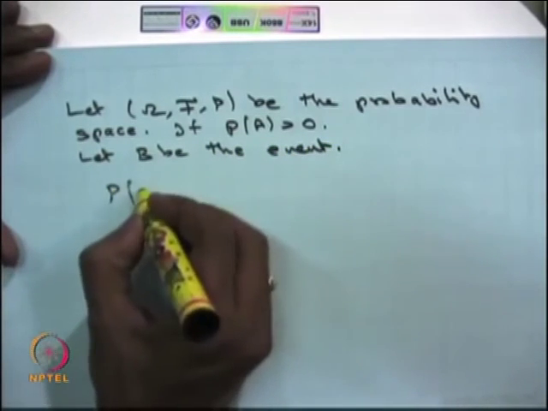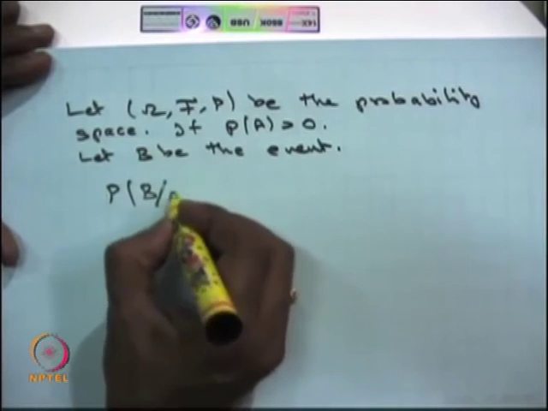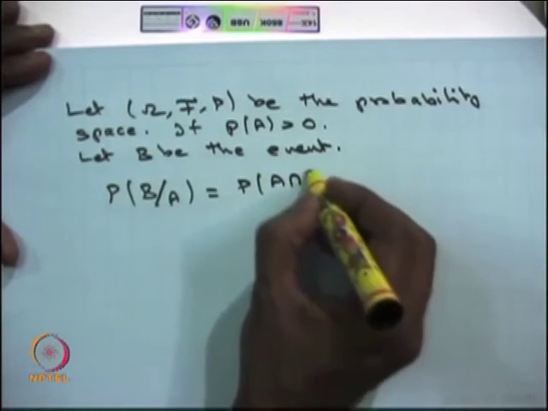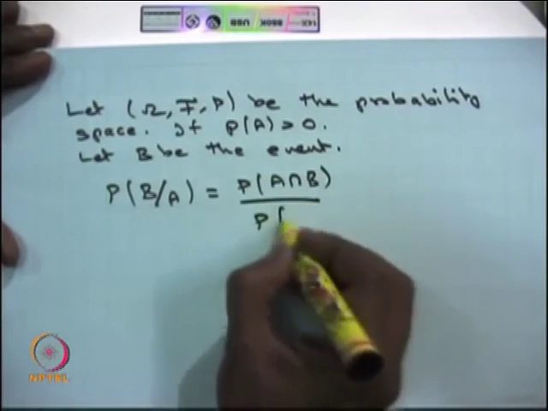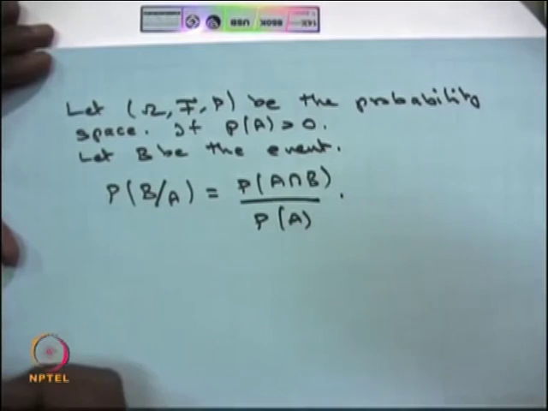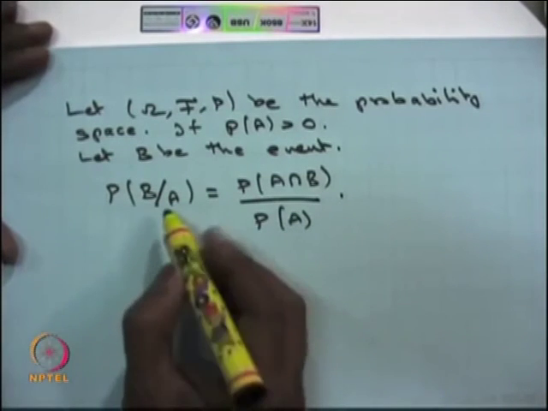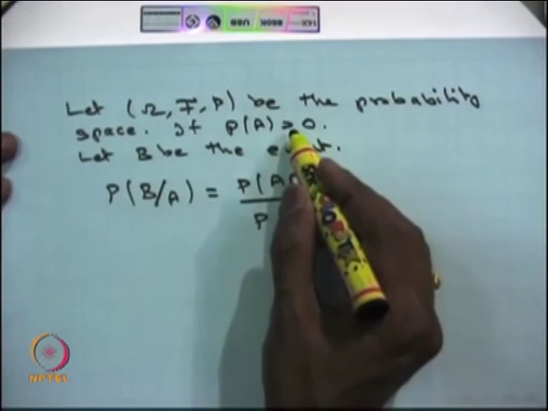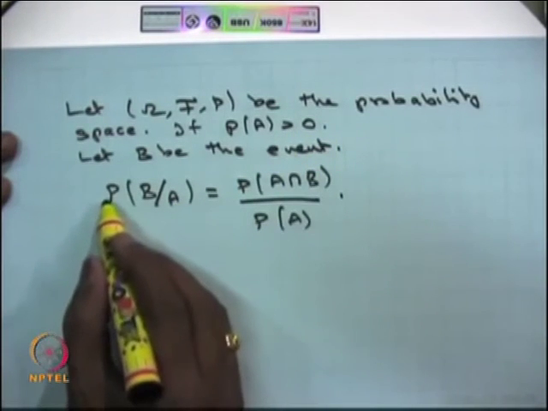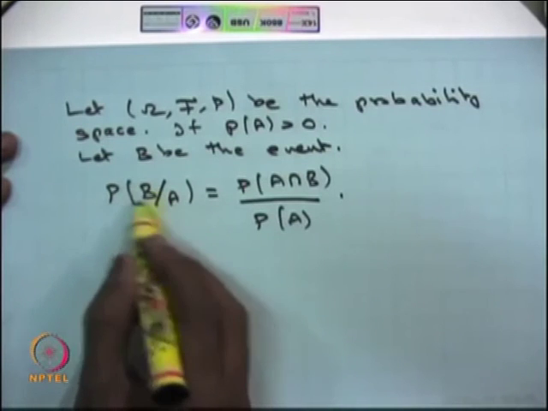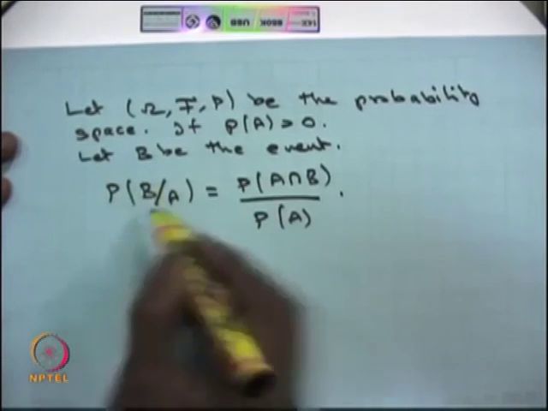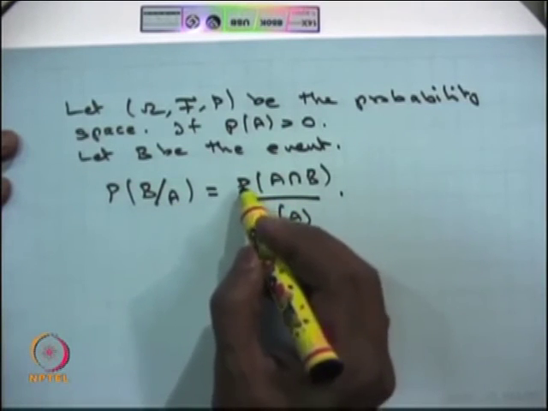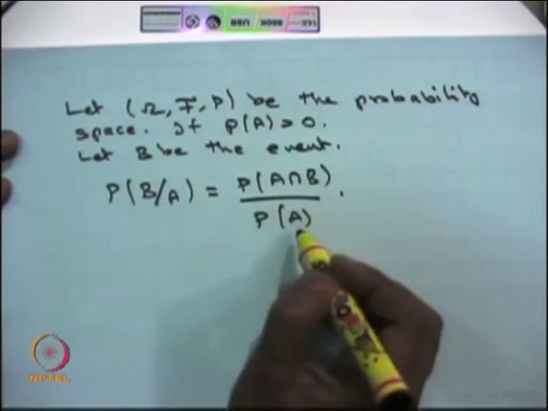You can define the probability of B given A as the probability of A intersection B divided by the probability of A. That means if the event A already occurs with positive probability, then you can find the probability of the event B, given that the event A has occurred, as the probability of A intersection B divided by the probability of A.